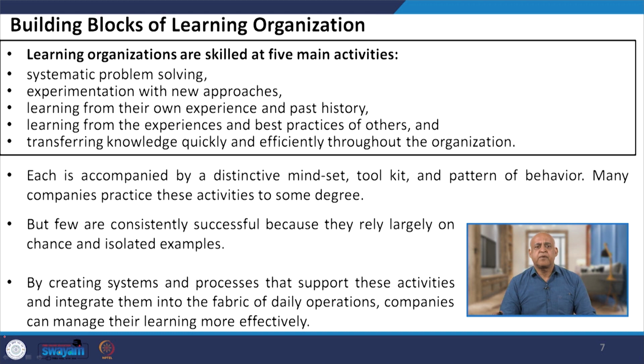So, systematic problem solving is there. That is the first and foremost practice or organizational culture: the organization should create a systematic problem solving approach. So, when any problem occurs, there will be certain people who will be able to solve the problem, and then they immediately solve it.